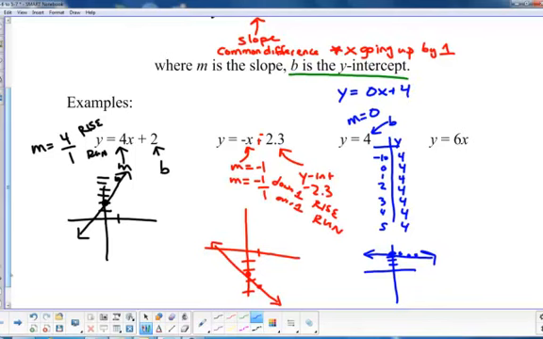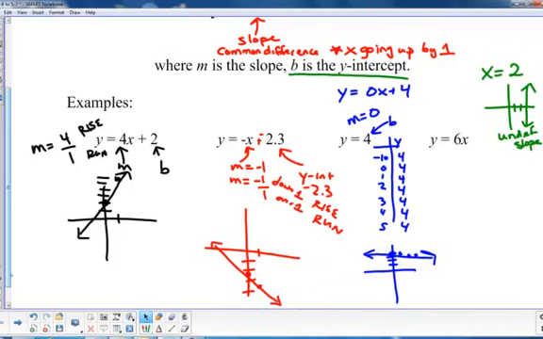That's totally different than x equals. If you have an x equals 2, that's your vertical line at 2. And that is undefined slope. And the last one we're looking at, our slope is 6. Same as 6 over 1 for your rise over run.